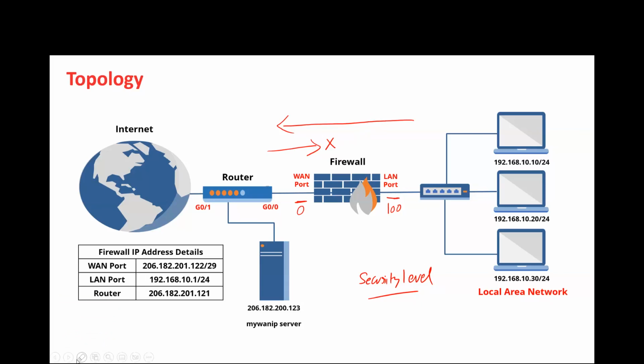You don't have to write an ACL to permit outgoing traffic. It says from higher security level to lower security level, traffic is automatically permitted.